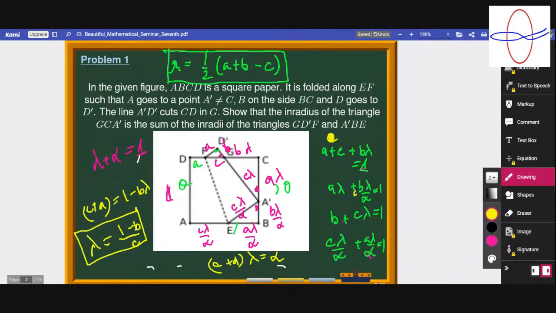Think about it. Four equations. How will you do this elegantly?